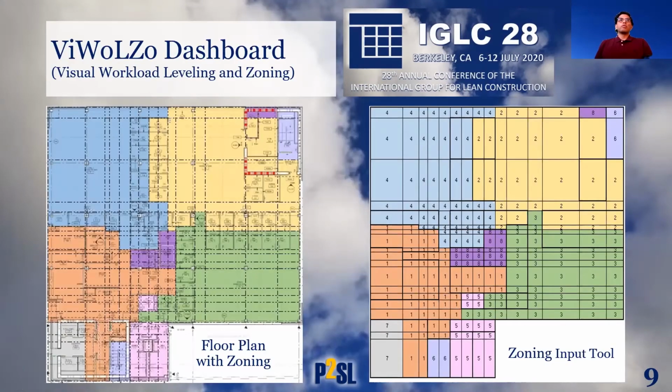So the Vivaldo dashboard basically acts as a visual control for the purpose of defining the zone. The zoning input tool on the right allows the user to assign numbers, each one assigned to a unique color, to each cell to designate which zone it belongs to.